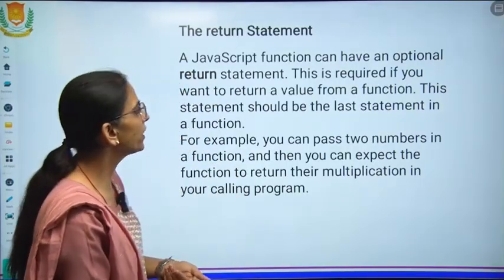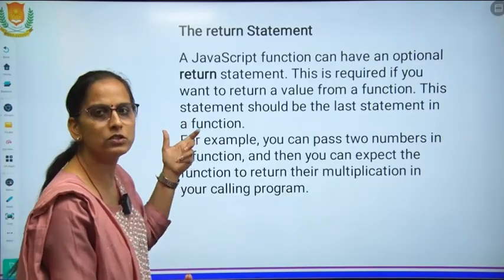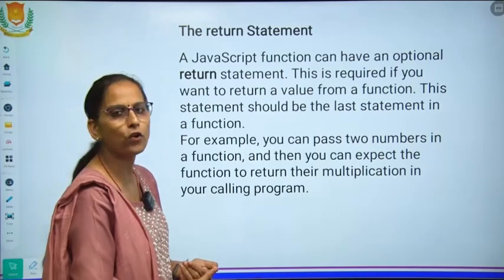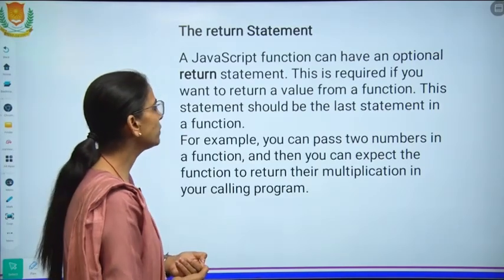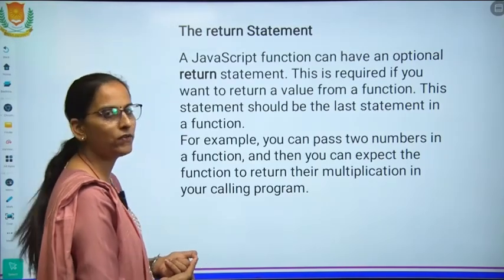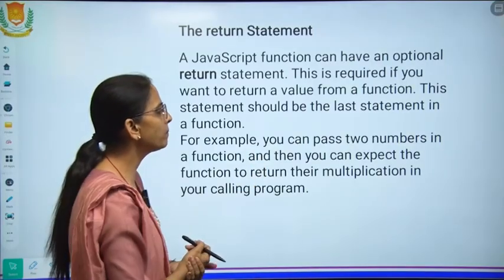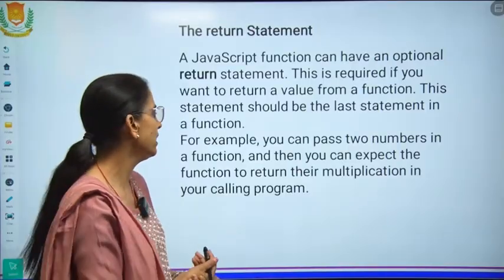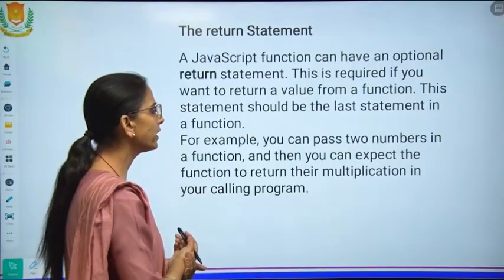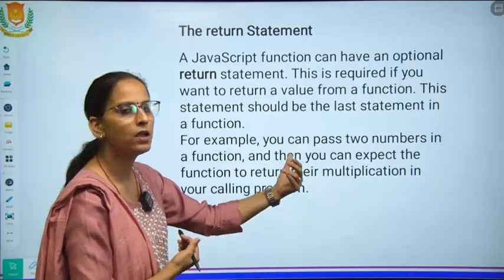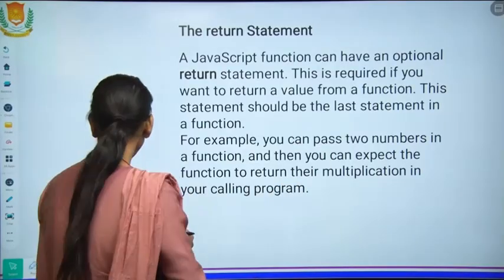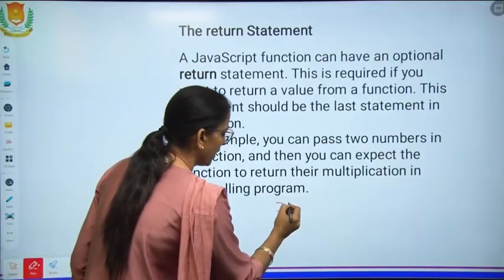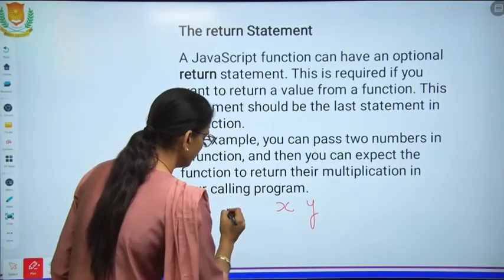A JavaScript function can have an optional return statement. This is required if you want to return a value from a function. This statement should be the last statement in a function. For example, you can pass two numbers, say x and y, to a function and then expect the function to return their multiplication.